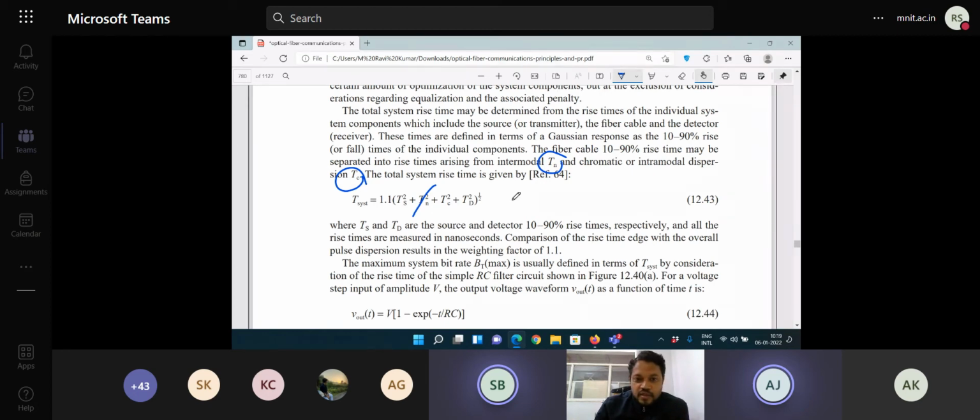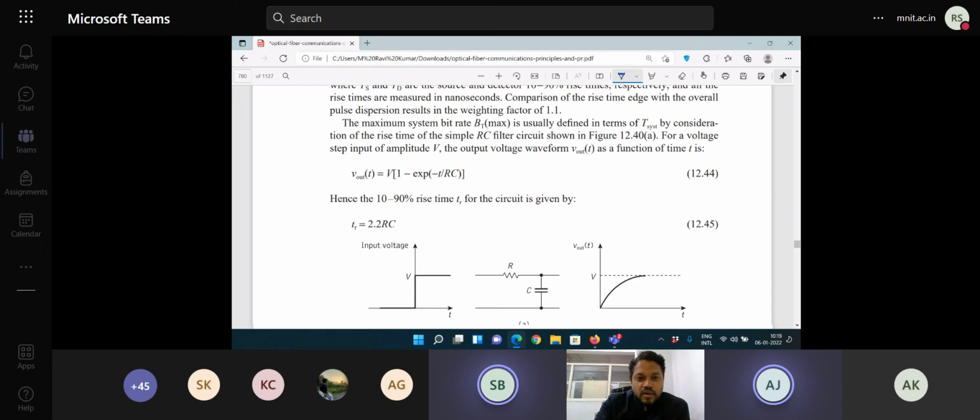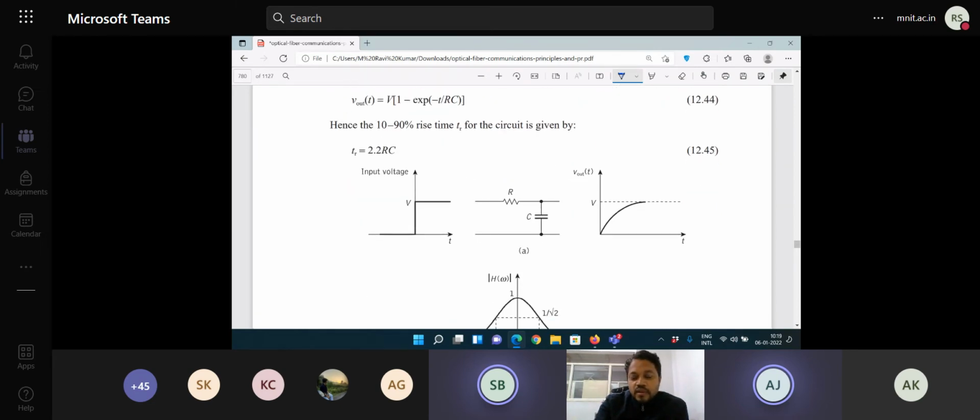Going further, there is the output response of the photodetector and the circuit after the photodetector. Usually there is an RC circuit after the photodetector to filter out high frequency components and allow the necessary signals to pass through.